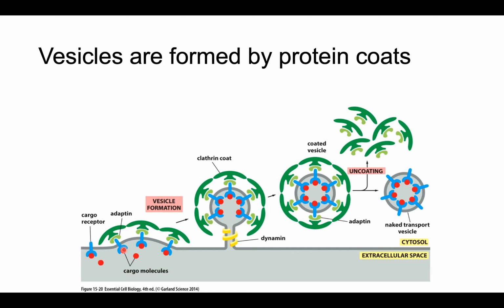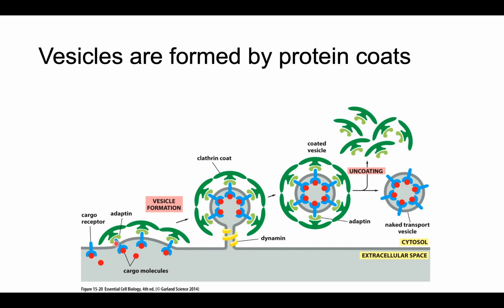These different receptors can bind to a molecule called adaptin. That's this light green molecule right here. There are quite a few different adaptins, but they can bind many different cargo receptors. So this is that specific interaction. They're able to bind to these adaptins.